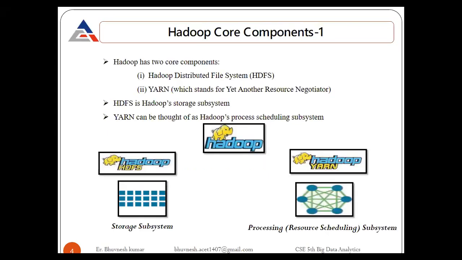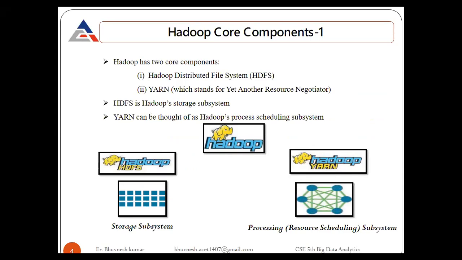Further, Hadoop has core components that I explained in the previous presentation. Hadoop has two core components. First is the Hadoop Distributed File System, HDFS, which is used to store the data.